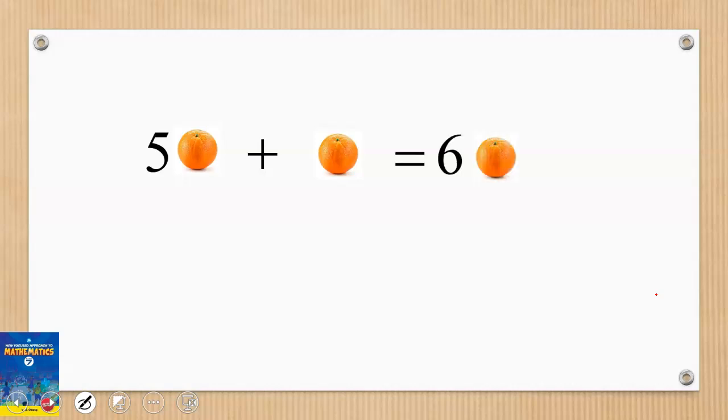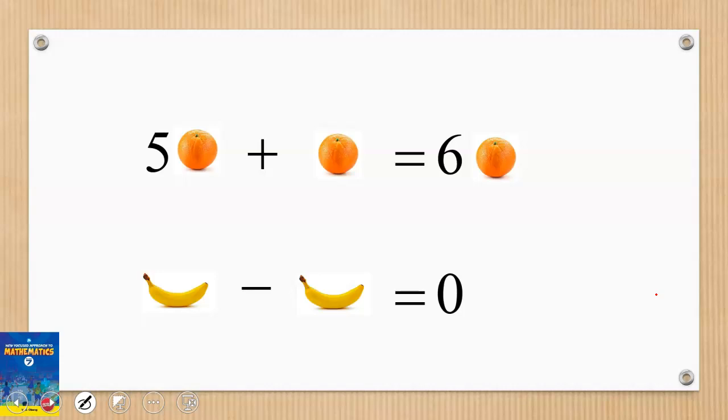Beautiful. Then, when we say a banana minus a banana, what do we have? I have 1 banana, I take away 1 banana, I'm going to get 0. I don't have any banana left, so it will be 0.